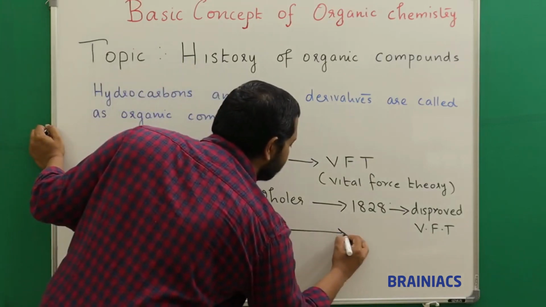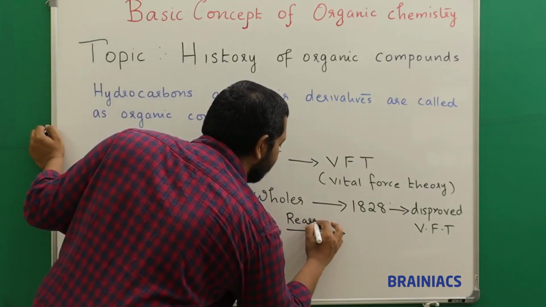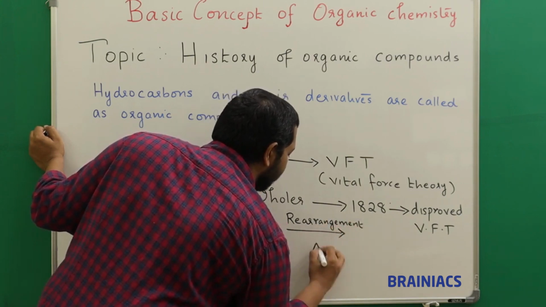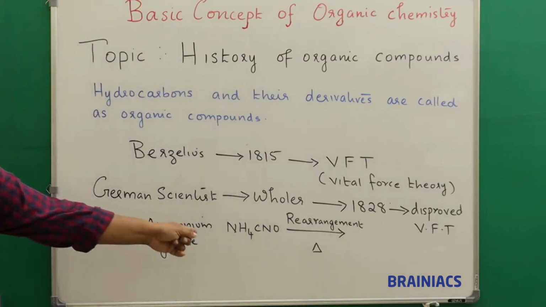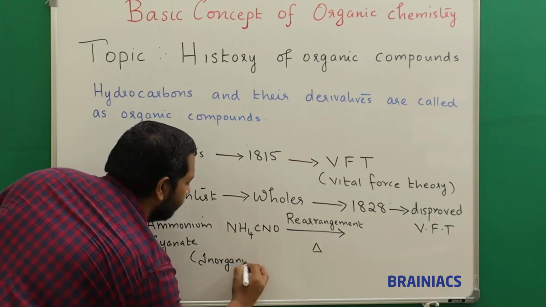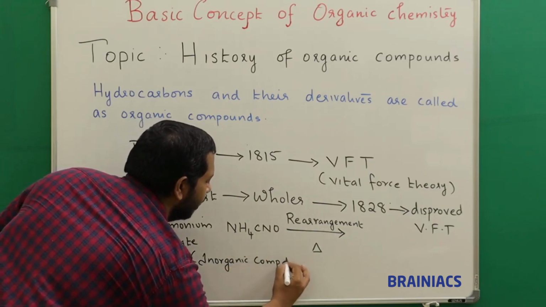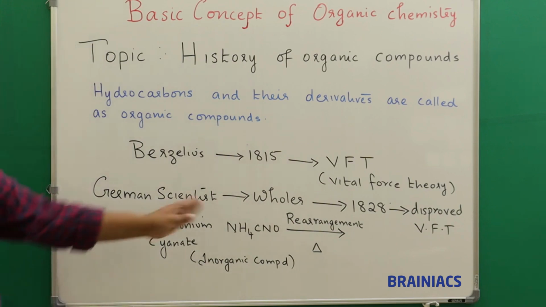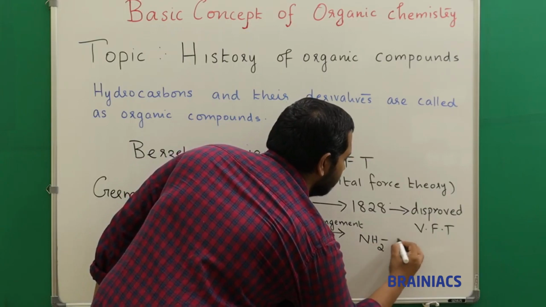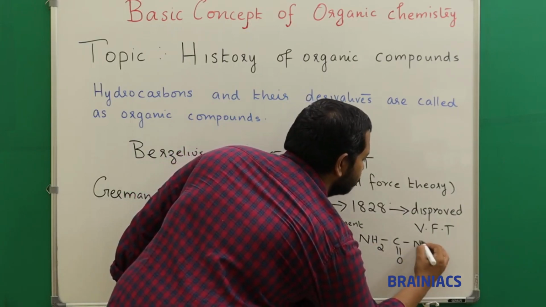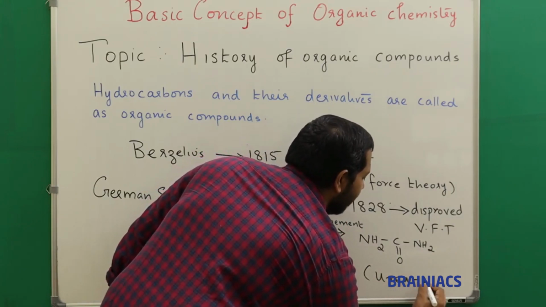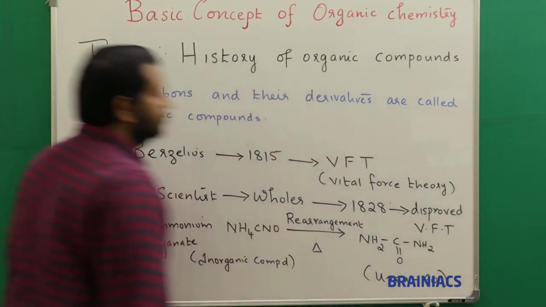When it undergoes rearrangement reaction on heating, ammonium cyanate, which is an inorganic compound, on rearrangement changes to NH2CONH2. This is nothing but an organic compound named urea with a molecular mass of 60.